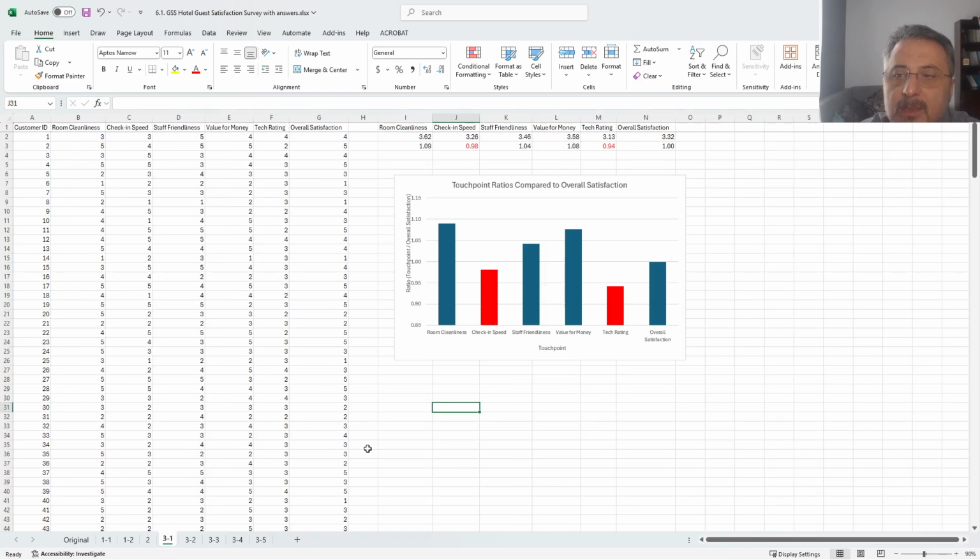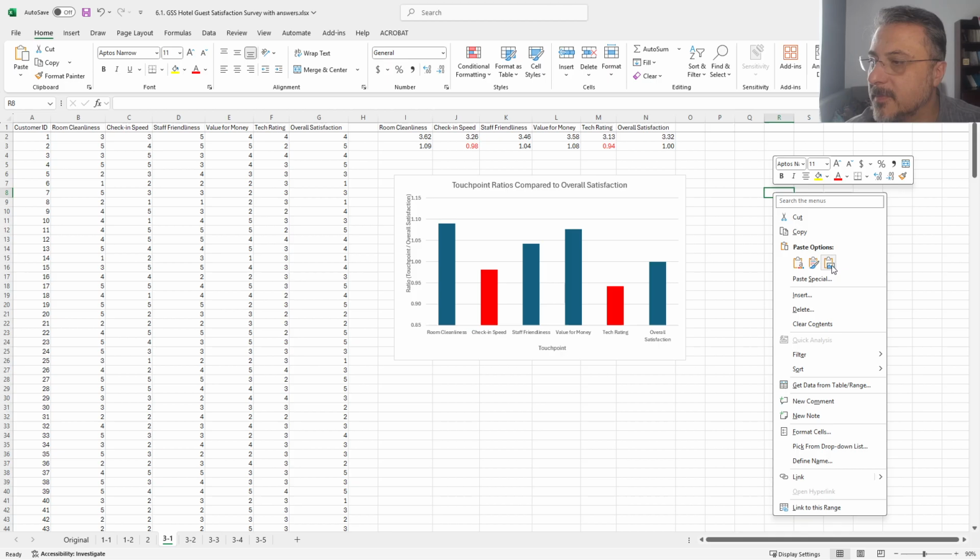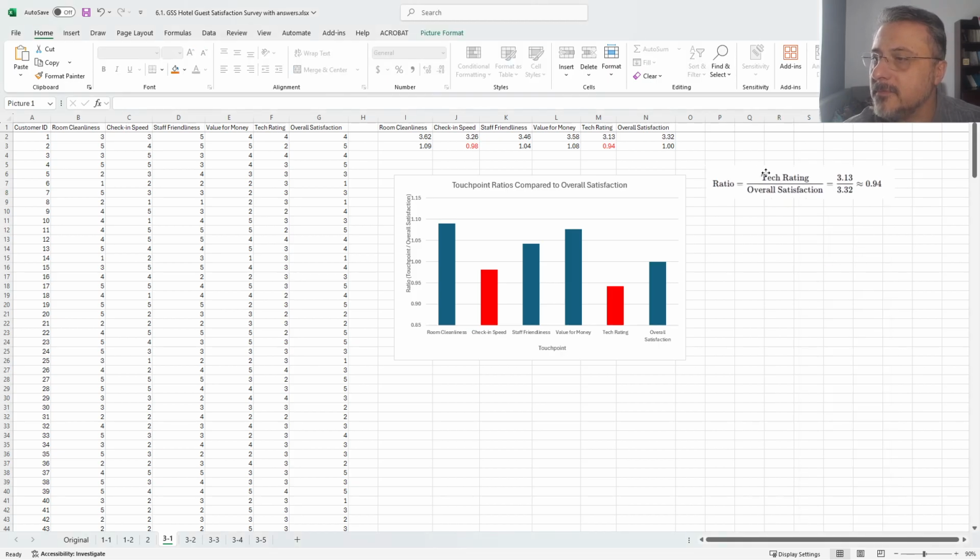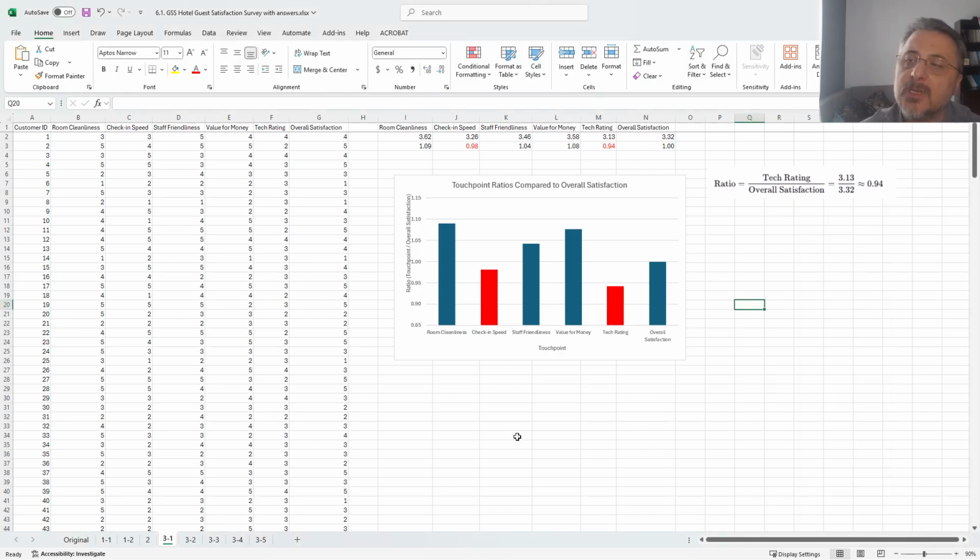Now, the next thing is what we call touch point benchmarking. Give me a second. Let me get this here. Now, touch point benchmarking is the calculation of ratio to the overall satisfaction.